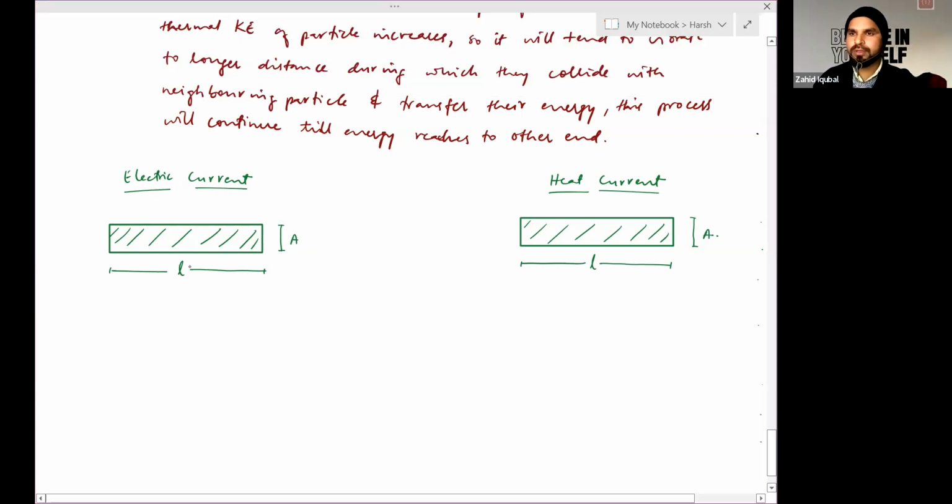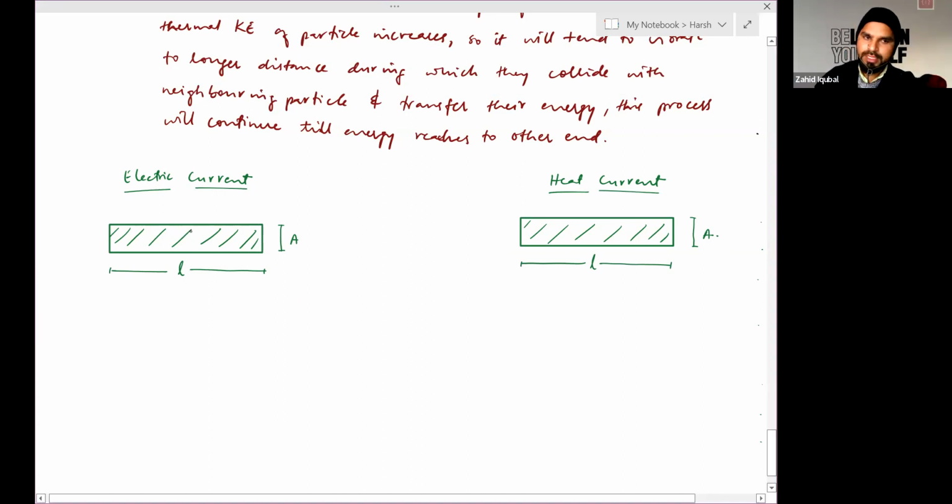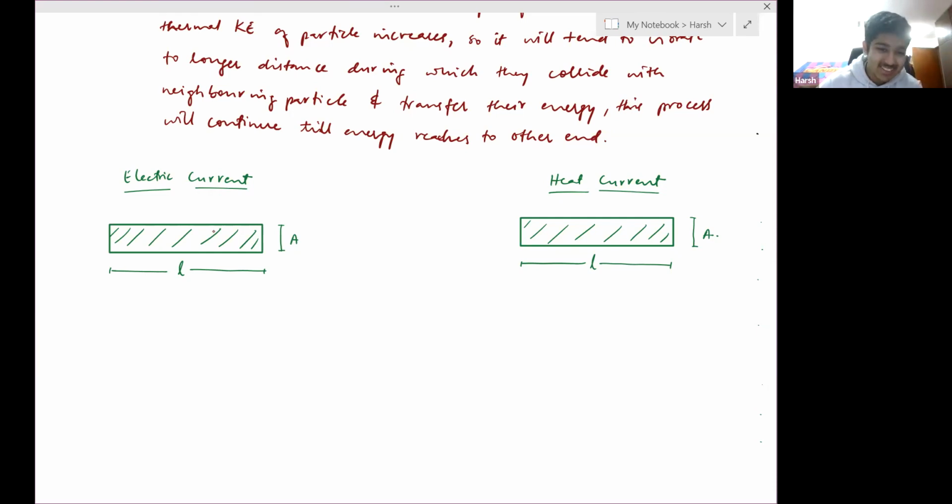Which agency will cause electric charges to flow through any conductor? I don't remember, sir.